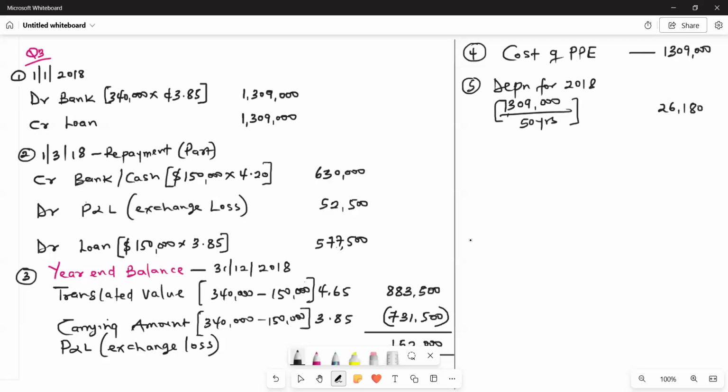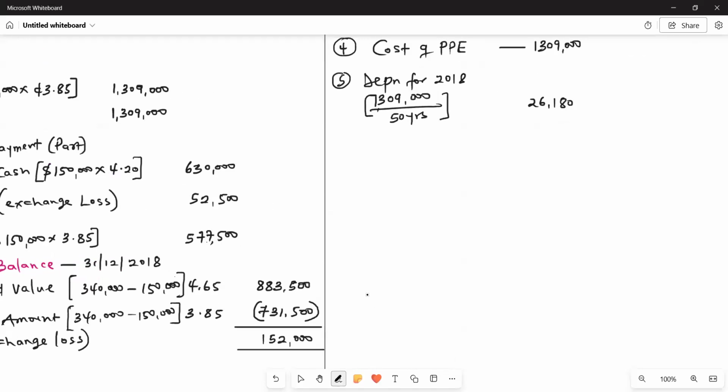So what do you think will be the carrying amount? The carrying amount will be the cost of 1,309,000, then accumulated depreciation.